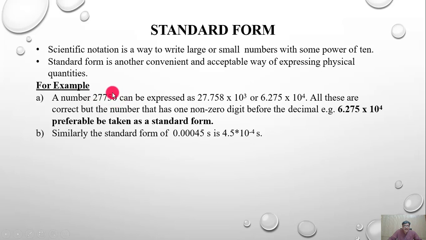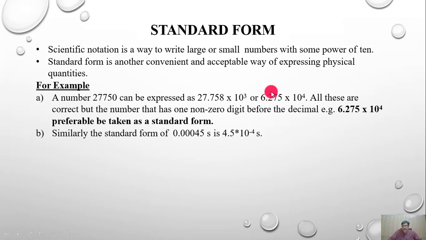It is shifted towards left, one digit, second digit, and third digit. So the decimal is here. We moved 3 digits, so we are including 10 raised to power 3. If we move 4 digits, then it will be 2.7750 into 10 power 4.